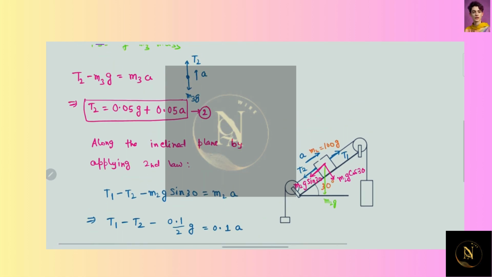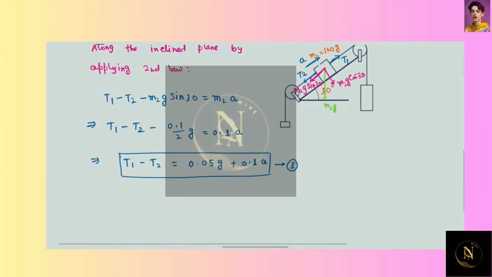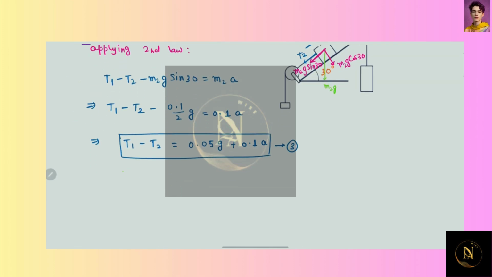Now you see, from 1, 2 and 3, I will put the values of T1 and T2 from equations 1 and 2 into equation 3.